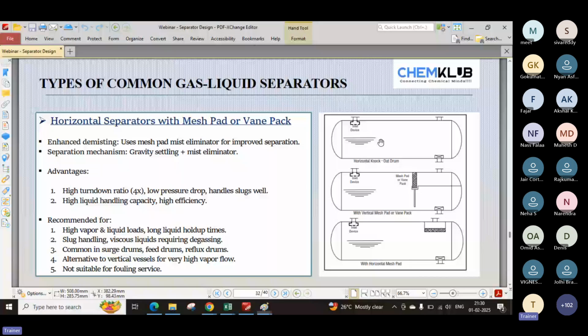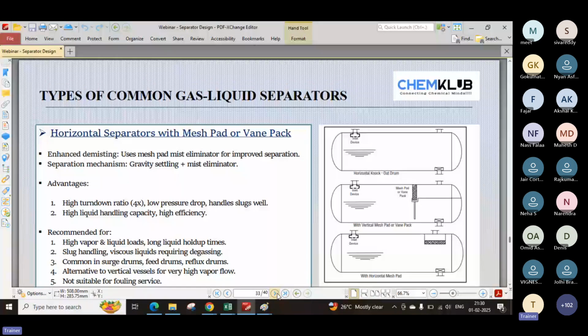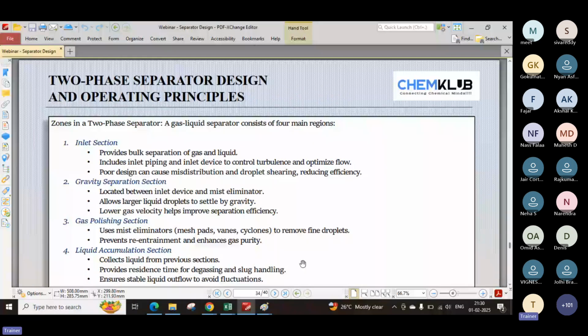This gives you an idea about its advantages, disadvantages, how much the retention time is, and the applications where we can use this, or the areas where we generally prefer a three-phase separator. That is majorly a horizontal separator compared to the vertical one.